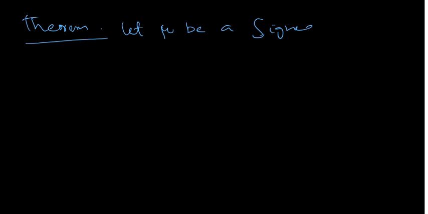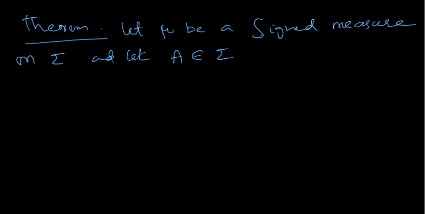Let mu be a signed measure on sigma, and let A belong to sigma be such that its measure is finite, that is, mod of mu of A is finite.